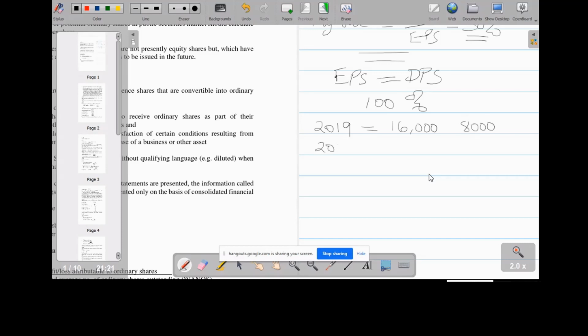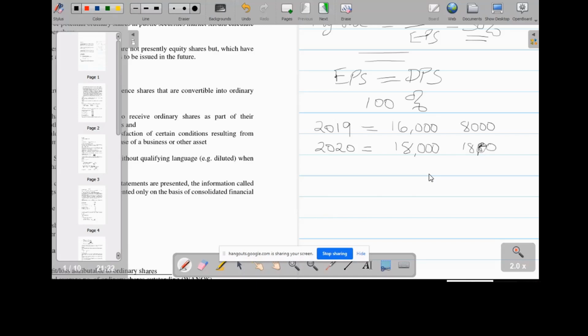Then during the year 2020, you make a profit of maybe 10,000, and because of the potential shares which can be converted, you find now your outstanding ordinary shares are 18,000.